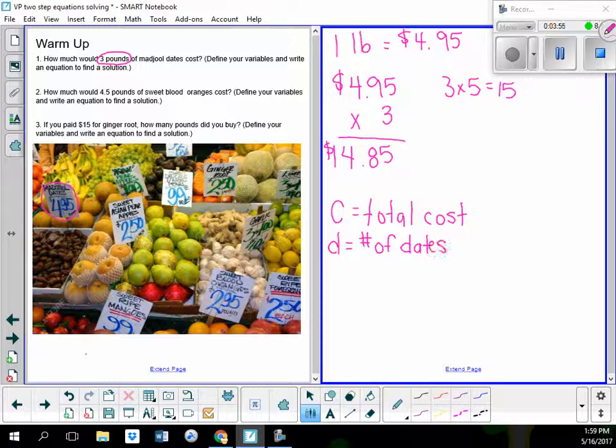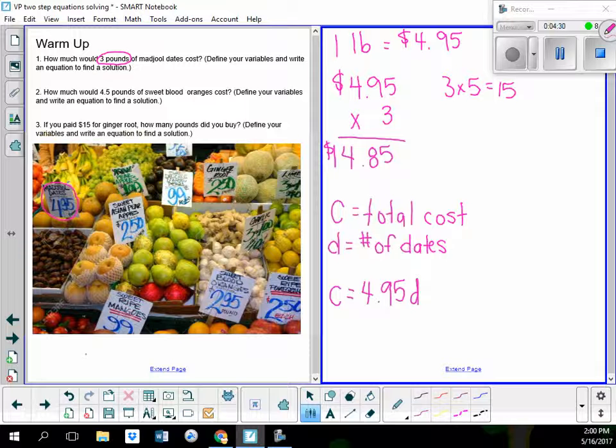So this is going to go back to what Edie said. When he was talking about, well, the price of 1 would be this, the price of 2 would be this. So I have that the cost is equal to $4.95 times the number of dates. And a couple of things to know about this is if I have $4.95 right next to this D, that means I'm going to multiply them.